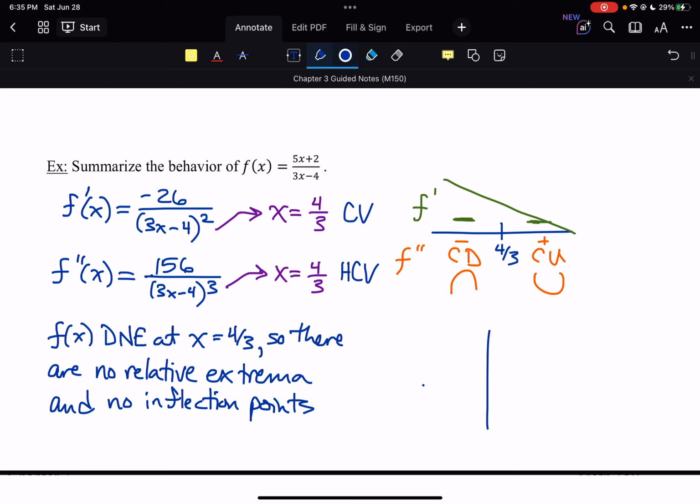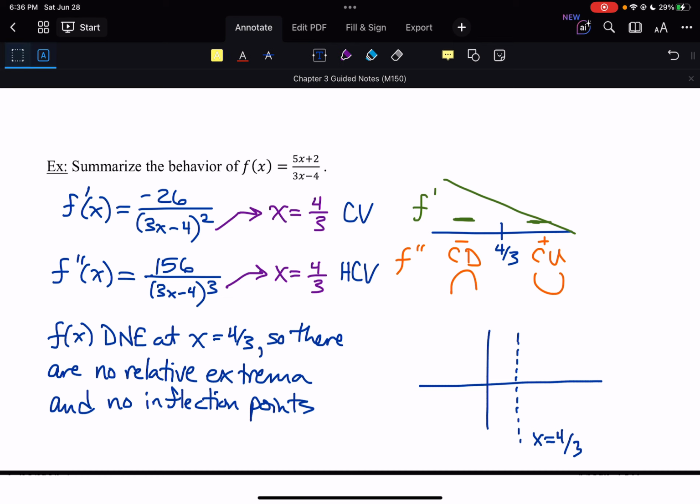So it turns out that the graph of this function has a vertical asymptote here at x equals 4/3. And this isn't necessarily something we need to talk about right here, but we can use other concepts like the idea of limits to determine the long run behavior of it.